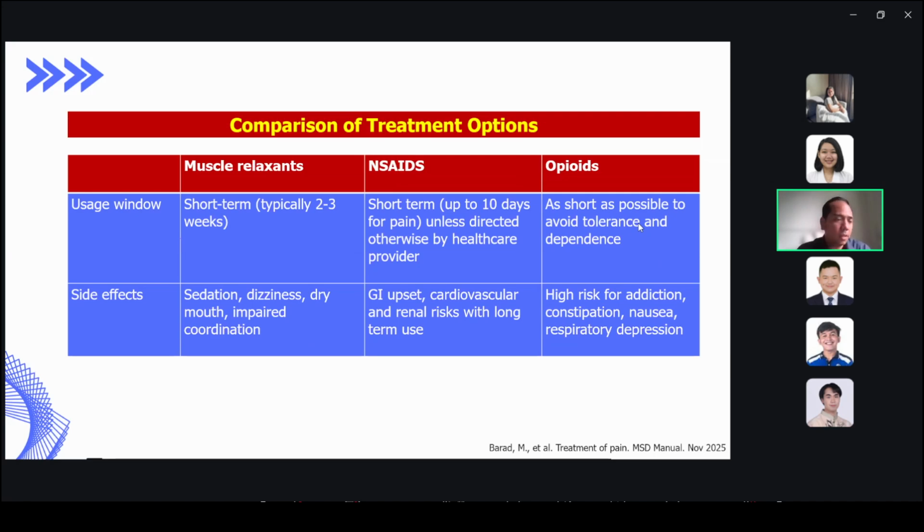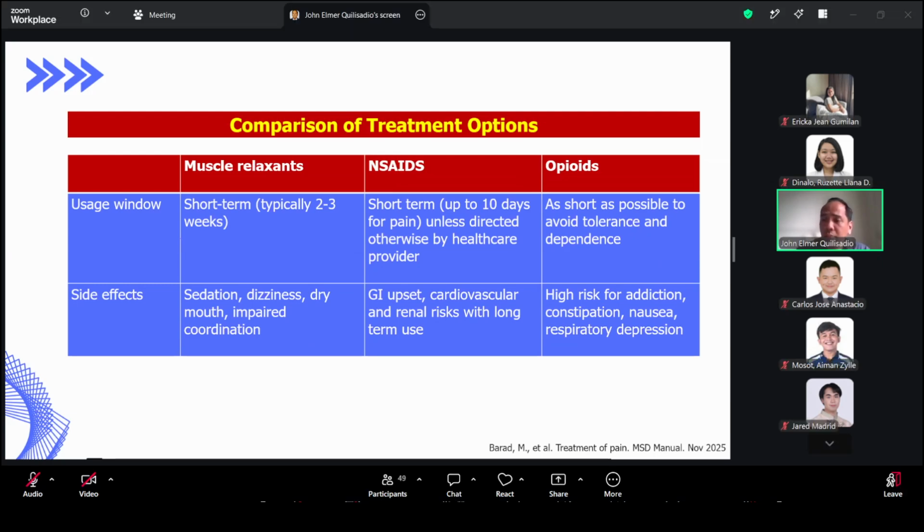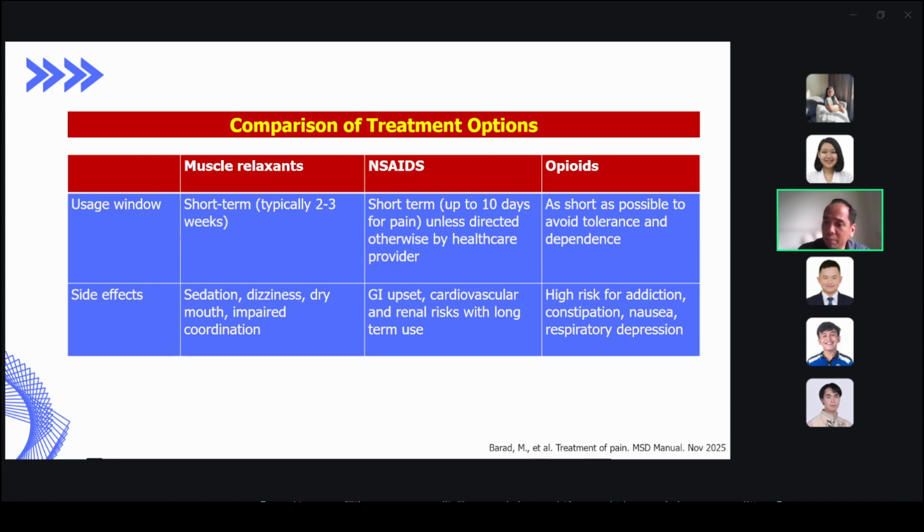Yung sa opioids, pag binibigyan mo ng tramadol, try to tell them na short term lang ni gamita or as needed lang always kay may risk na ma-addict ka ani na tambal, and pag high dose magkaroon ng mga respiratory depression magsunod ka ginhawa.